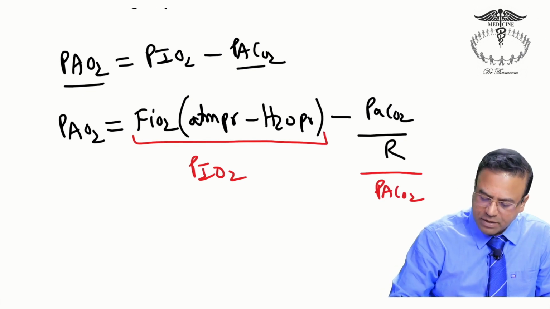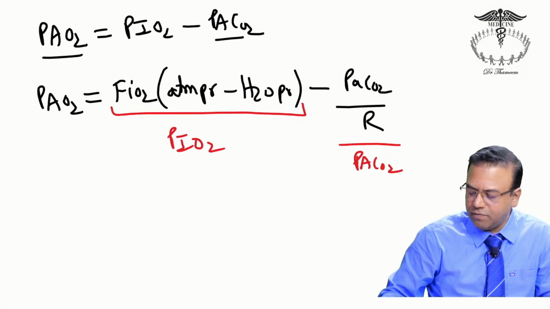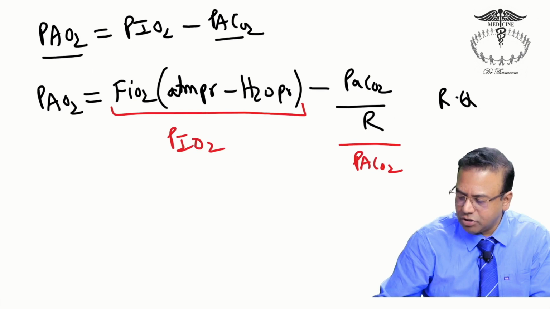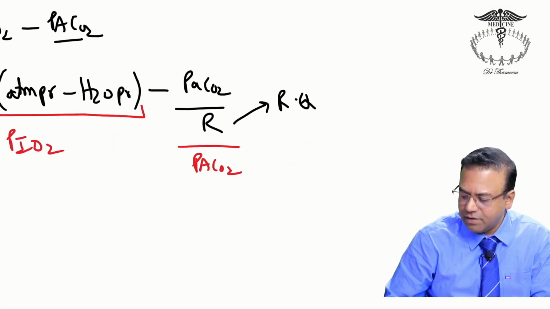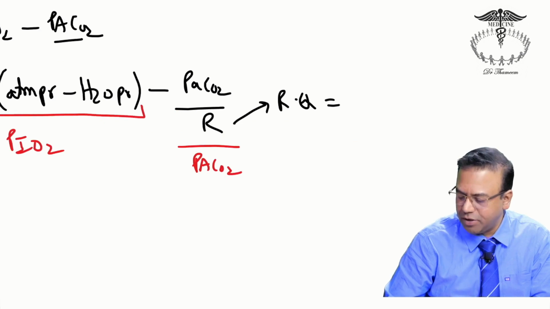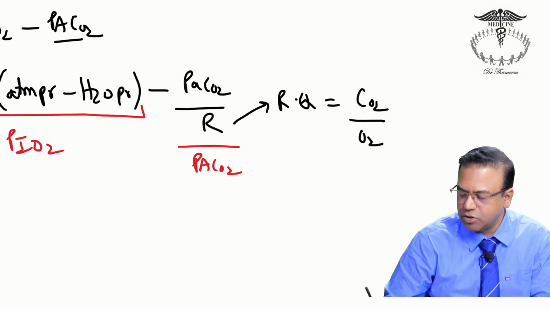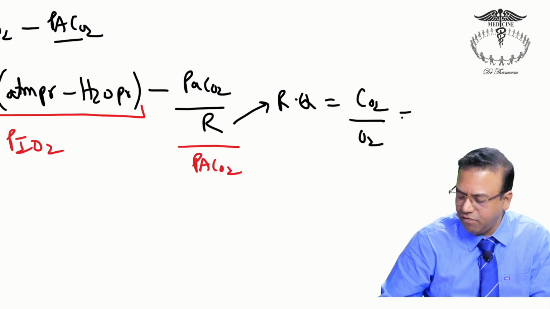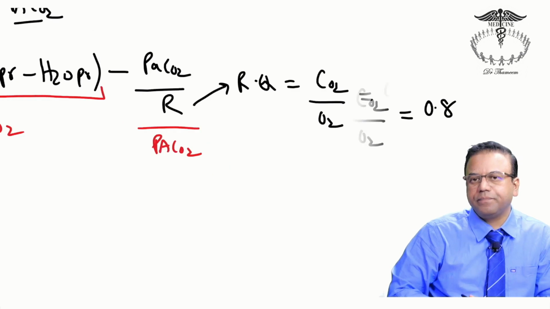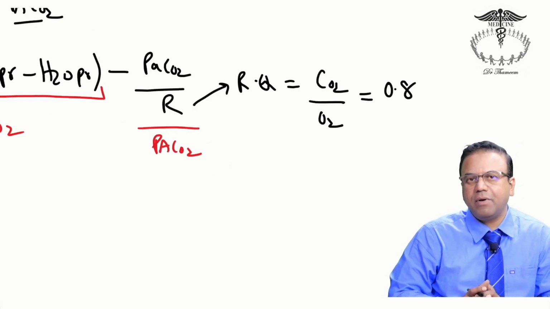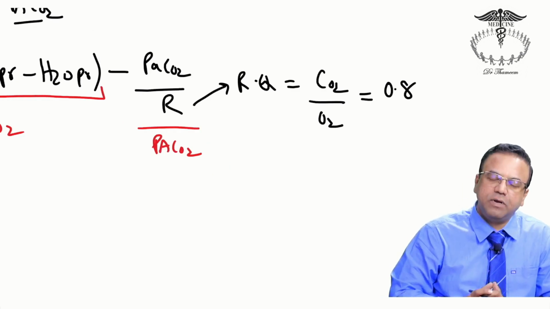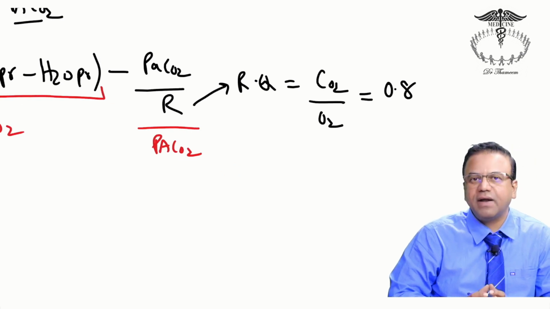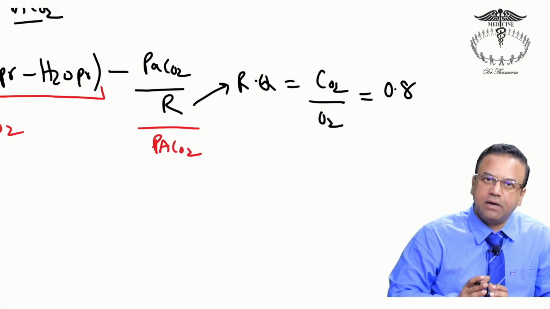In a normal person, the respiratory quotient, or the R factor which I have written here, is nothing but the volume of carbon dioxide produced to the volume of oxygen consumed every minute. If you put these values, roughly you will find that it is 0.8, considering the possibility that the person has a proportionate amount of fat and carbohydrate intake in the diet.